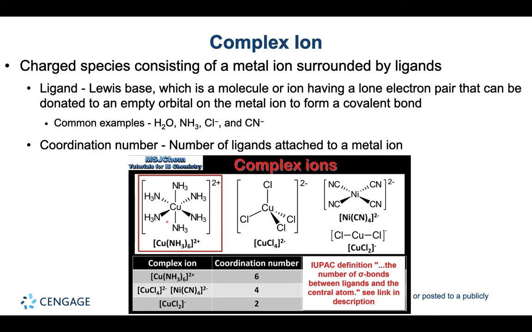With copper 1+ in the center and 2 Cl minuses, you get an overall charge of -1 with a coordination number of 2. So remember, these are always charged species. They're always positive or negative ions in the water, but you have these ligands attaching to these metal ions.